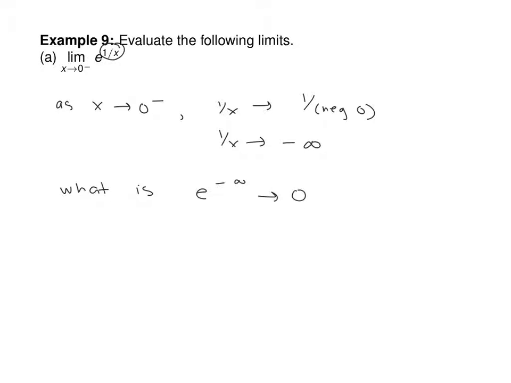Inside that exponent, 1 over x goes to negative infinity, and as 1 over x goes to negative infinity, e to the stuff is going to go to 0. So this limit is equal to 0.